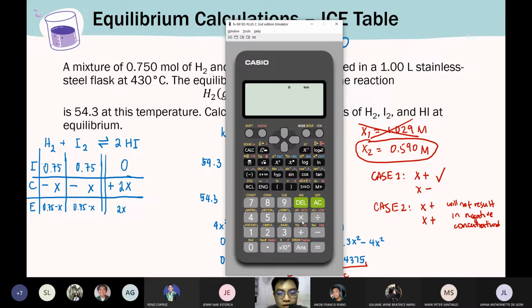Kasi tignan nyo, no? 0.75 minus first root, 1.029. Sorry, times pala yan. Pag subtractin natin, look, naging negative yung concentration. Walang negative na concentration. Walang ganan. Okay? So, kailangan, yung roots natin is yung positive lang. Okay? Which is yung second root. So, 0.75 minus 0.59, that will give us 0.16.